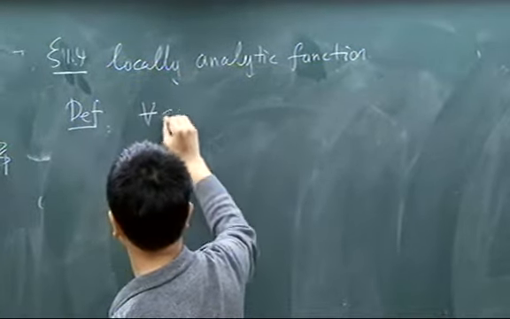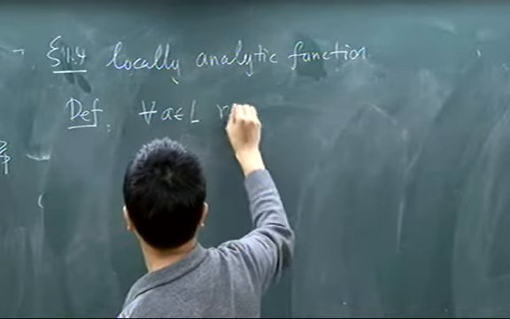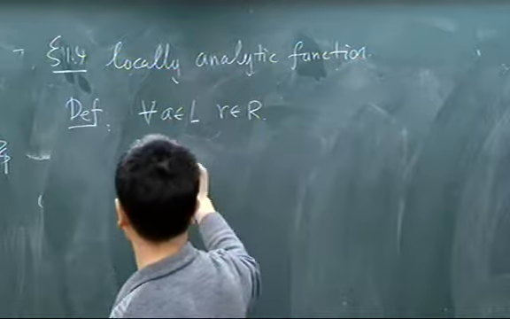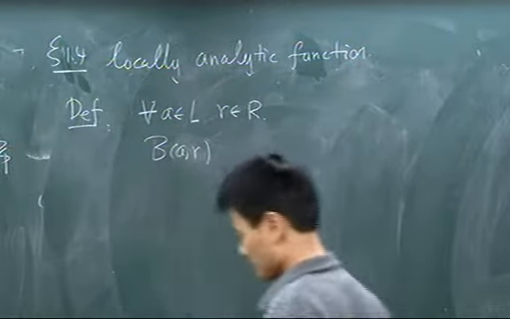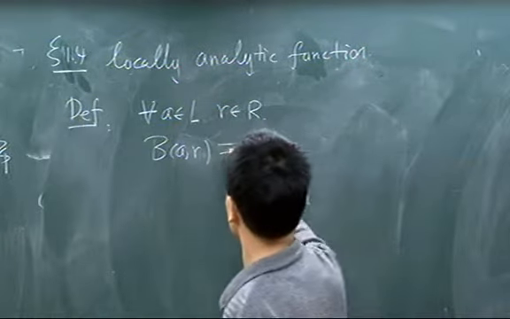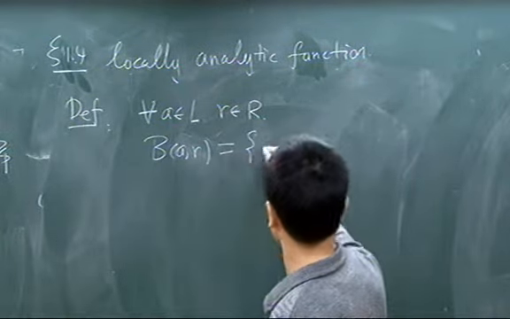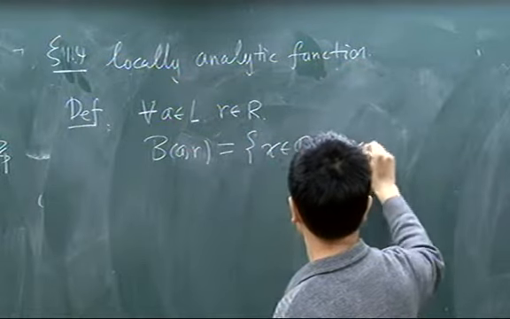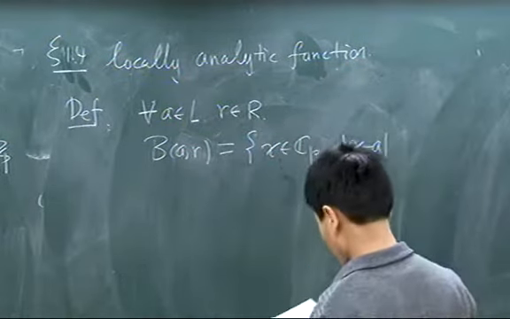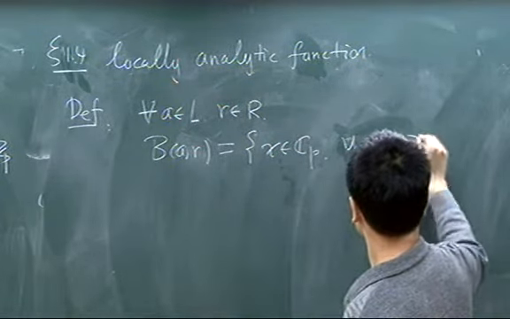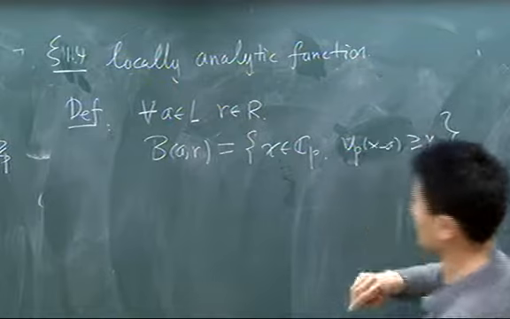So for any a containing L, r containing R, we get this B(a, r), probably different from my note, but about the same thing. It's x in C_p with |x − a| greater than or equal to r.